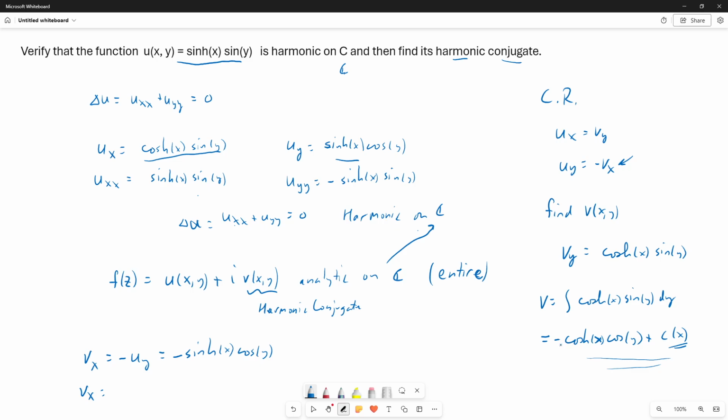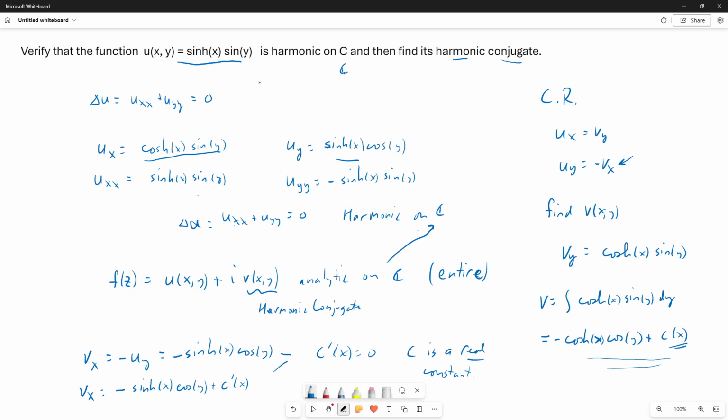So v sub x is negative, and then cosine y is a constant, so this is just the derivative of cosh x, which is sinh x, times cosine y, plus c prime of x. So in order for these two expressions to be equal, we have to have that c prime of x is equal to 0, and that means c is actually a constant. c is a real constant.